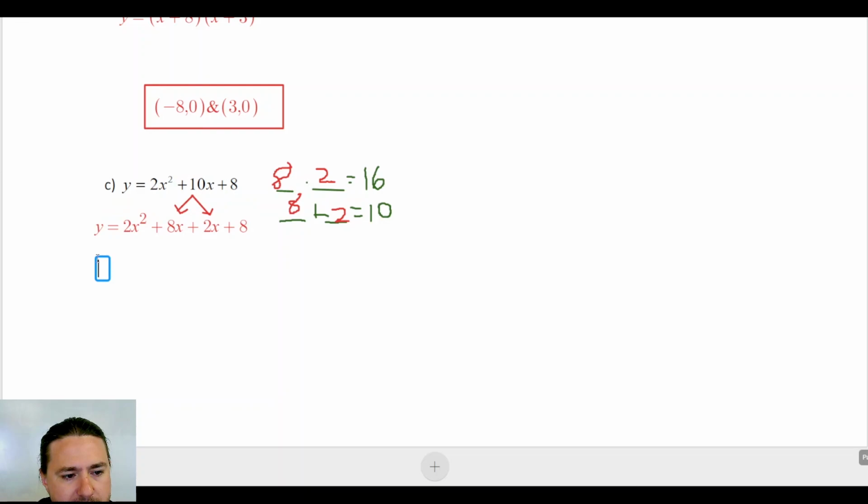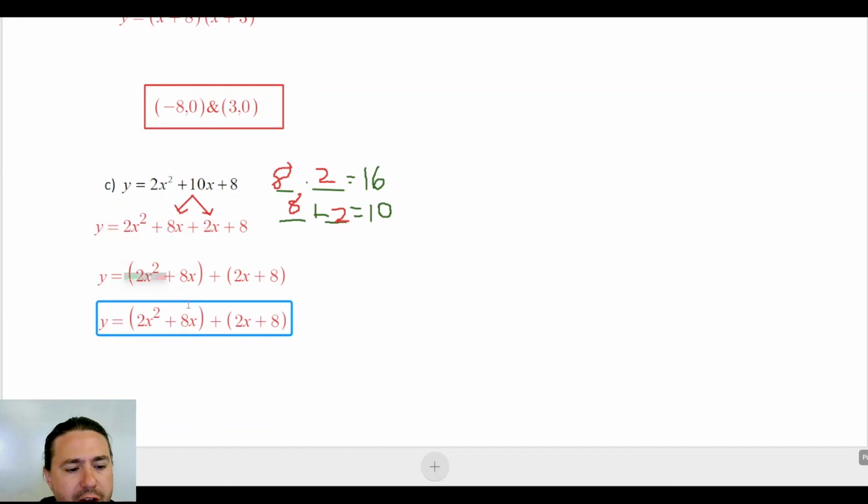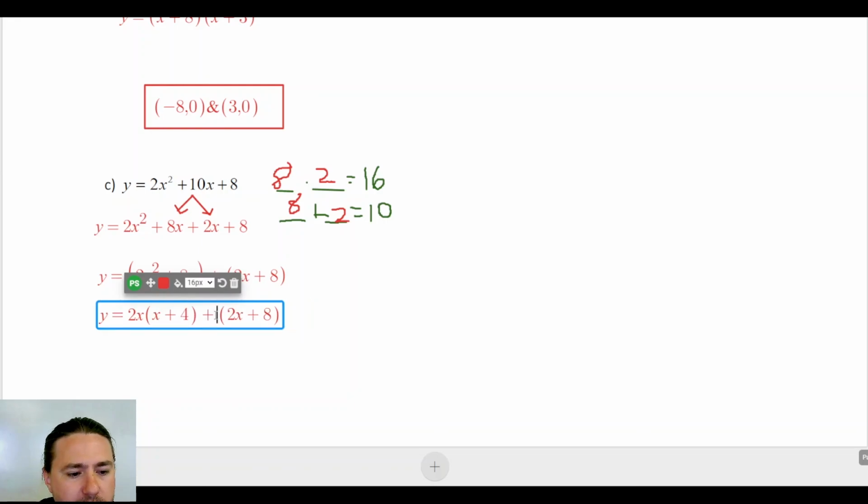So we're going to basically group up these two and just factor out the GCF out of each one. Okay, so the GCF out of that first group is going to be 2x. So if I divide out a 2x out of that, I'm just going to be left with x plus 4. And I can factor out a 2 out of this other one, so I get x plus 4.